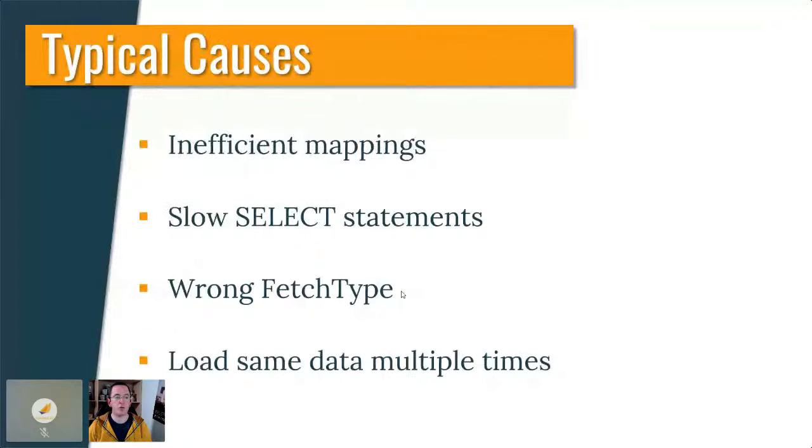And then we will also take a look at the issues that arise from loading the same data multiple times in your application, either because you modularized your application in a way that each module needs to request the same information again, or because you're using your application in a multi-user environment and each user needs to fetch the same information again.